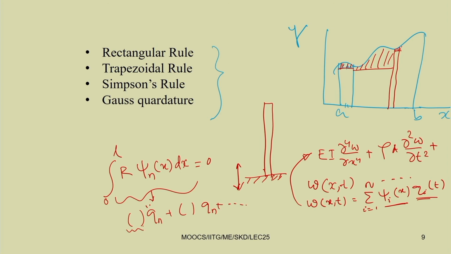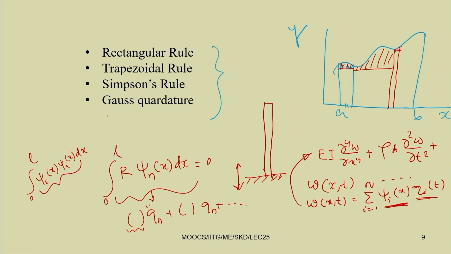This part contains the integration which takes care of the mode shapes of the system. For example, one term may be like this: psi i x into psi i x dx, integration 0 to L. So, this type of integration will be there, and you must be able to find this integration.